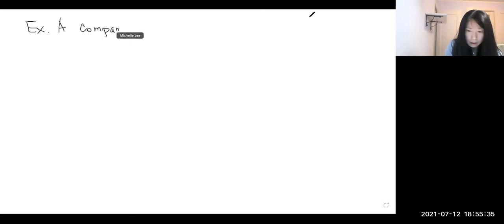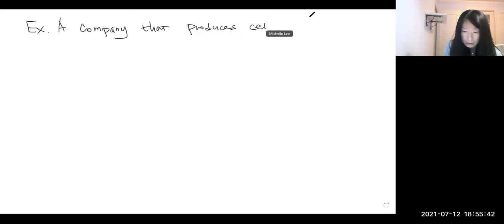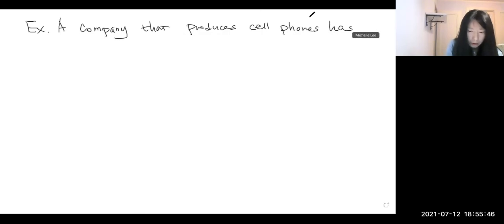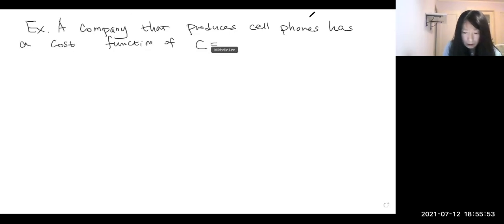All right, let us do a quick example 2 application, okay? So a company that produces cell phones has a cost function of C equal to, so basically C of x, right?